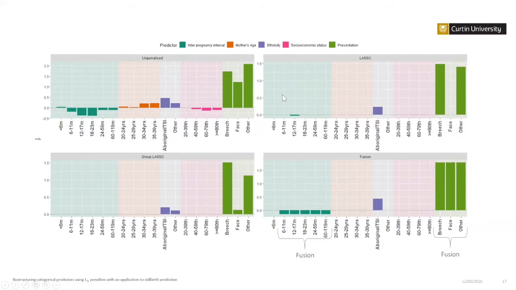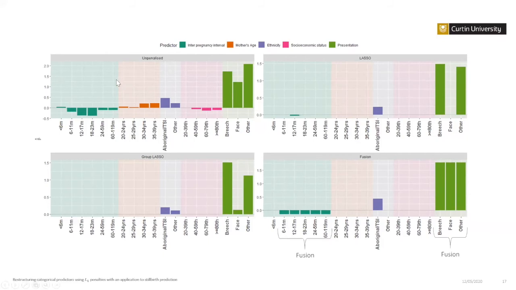And just for the sake of discussion, I'm going to focus on interpregnancy interval. And that's the length of time between the end of the previous pregnancy and the beginning of the pregnancy of interest, with the reference being mothers who have had no previous pregnancy.